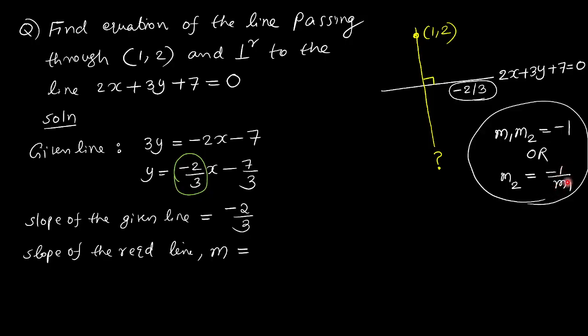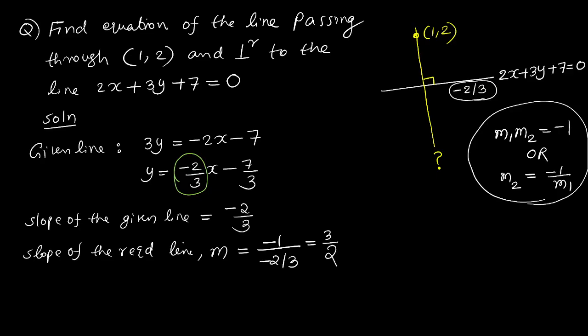So minus 1 by minus 2 by 3. The given line has the slope minus 2 by 3, so the required line has the slope minus 1 by m1. Minus cancels, 3 by 2. This is the way, these are the required steps. The slope of the required line is 3 by 2.